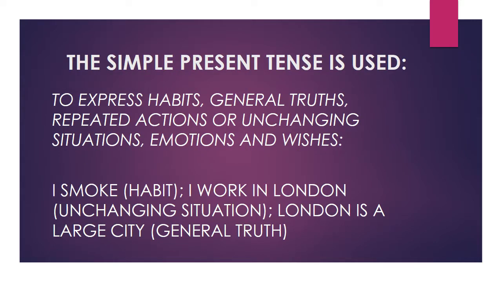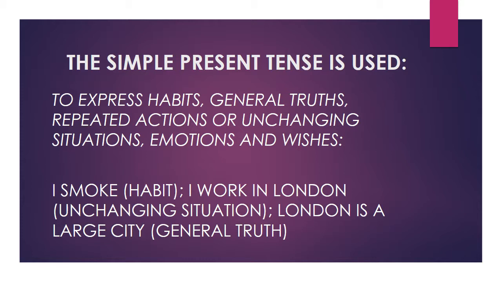Simple present tense is used to express habits, general truths, repeated actions or unchanging situations, emotions and wishes. I smoke, a habit, so therefore you don't say I am smoking. That's not what you do. You don't use the continuous with a habit.